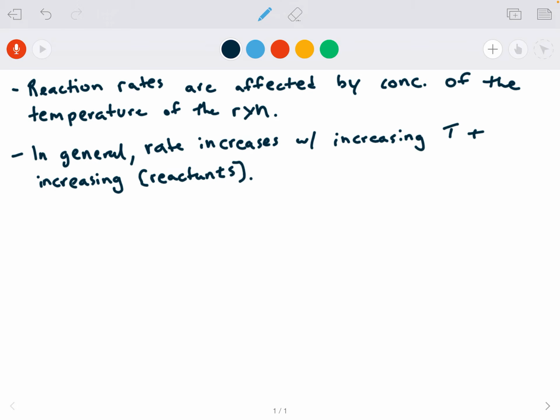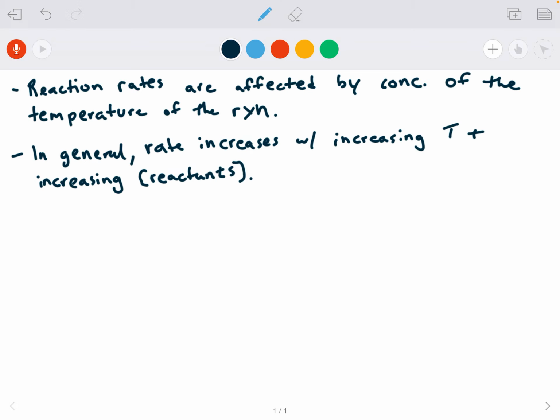If the temperature is higher, you're going to have more collisions taking place between the different reactants. And if your concentration is higher, you're going to have more of the collisions. So increasing temperature will lead to more collisions. Increasing concentration leads to more collisions.